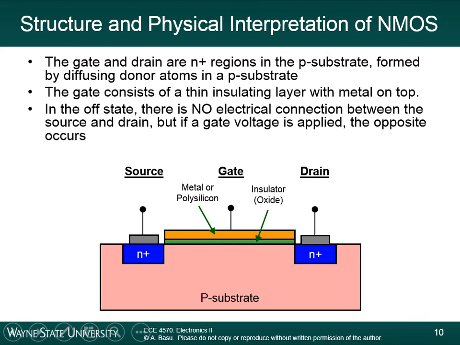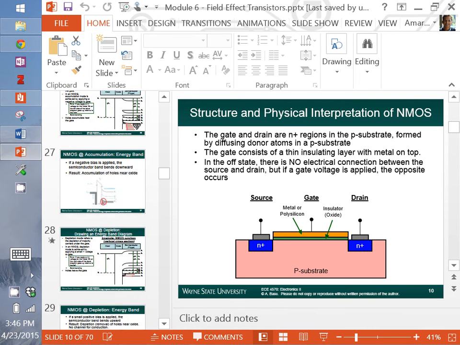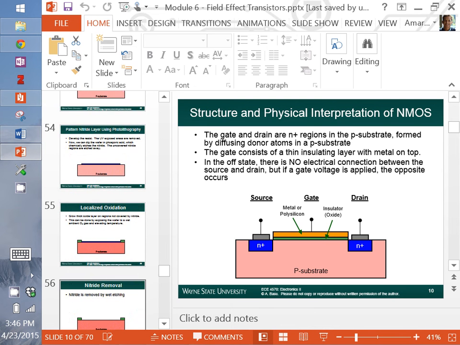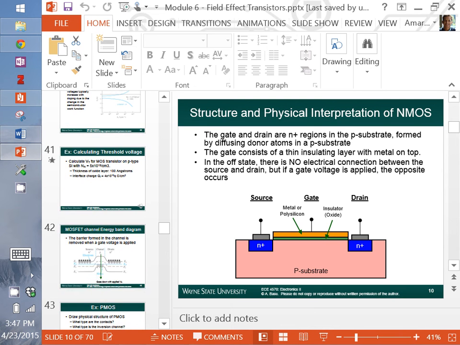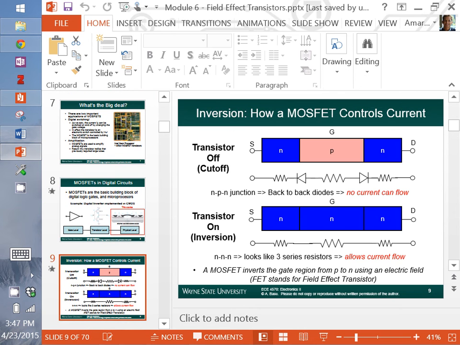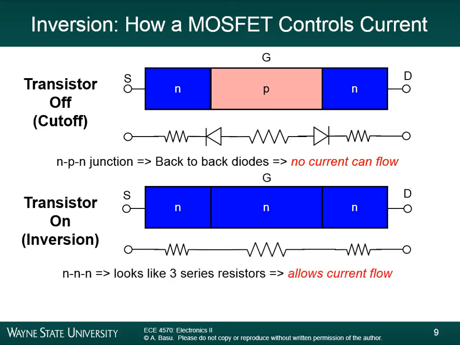You can draw energy band diagrams in both. And I think this energy band diagram is very intuitive. Before we get into that, I think we just go here. Remember when we were talking about how a MOSFET controls current? So you have the source region, the drain region, and this p-type region is a substrate right underneath the gate.